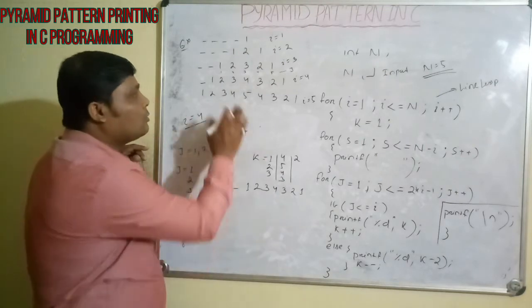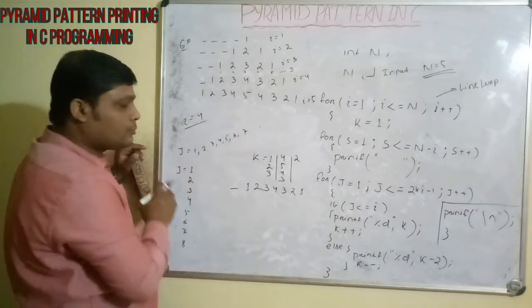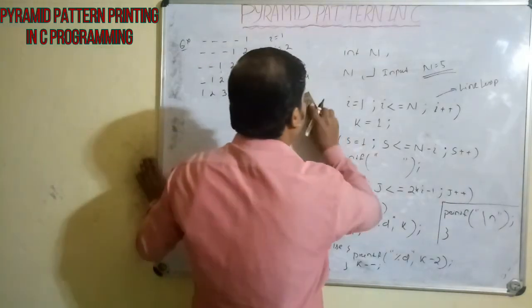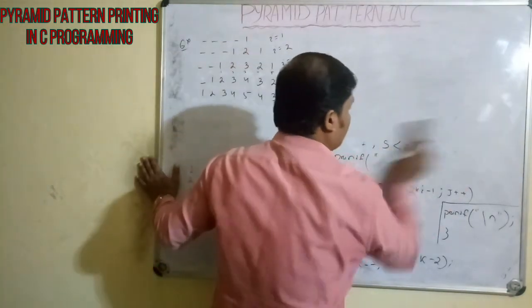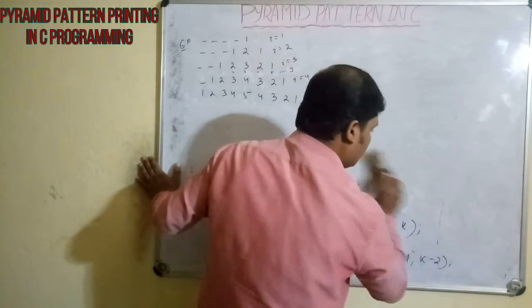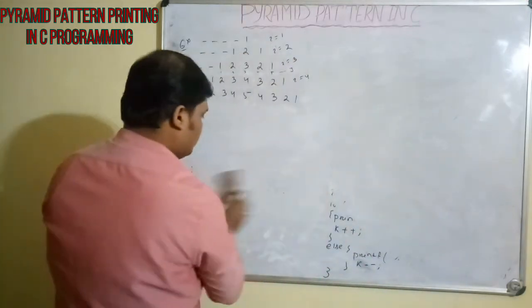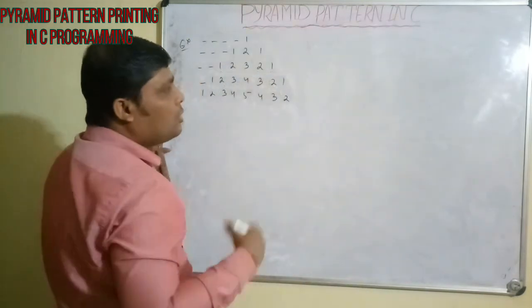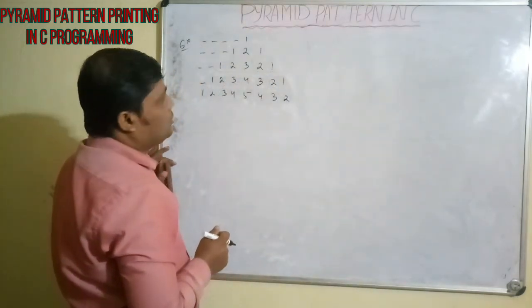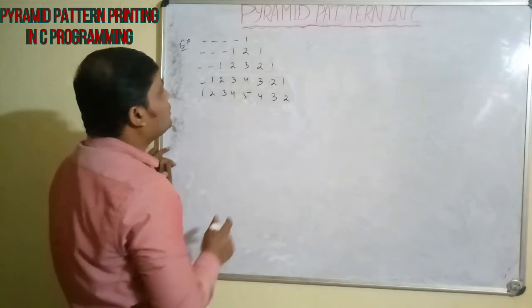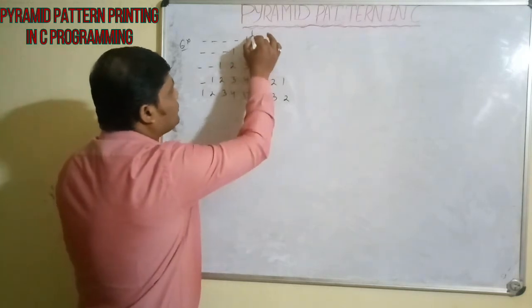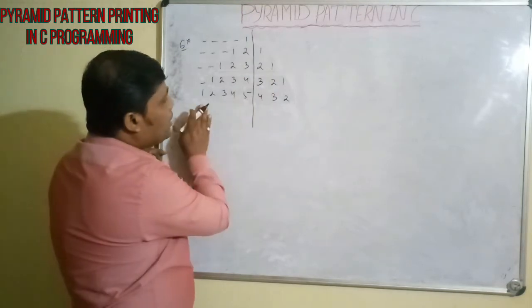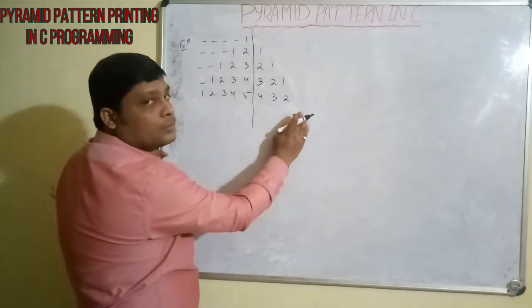There is another logic to print this structure. Just see. Now you can see the another logic to print this structure. You can see here, this is one part, this is another part.